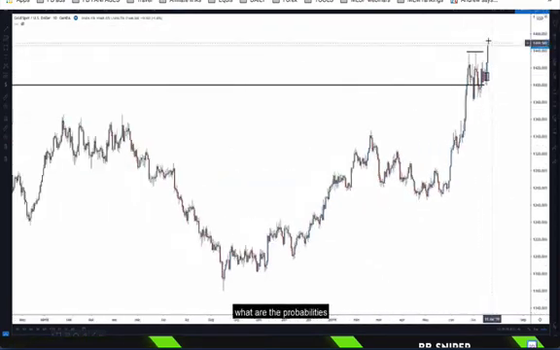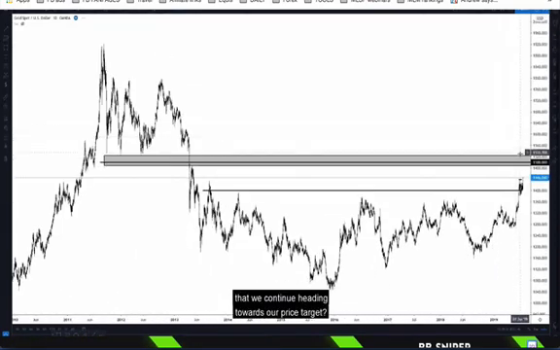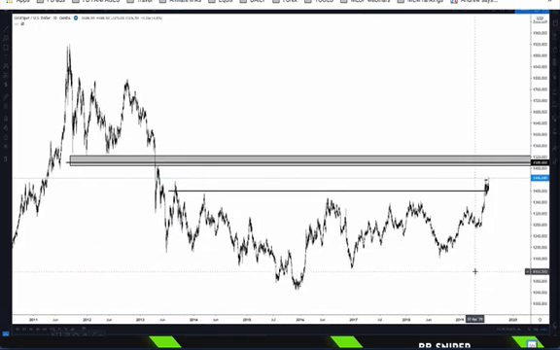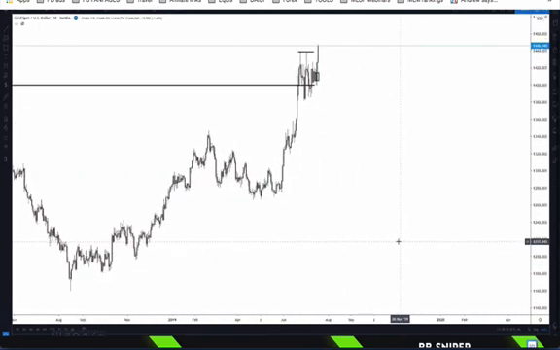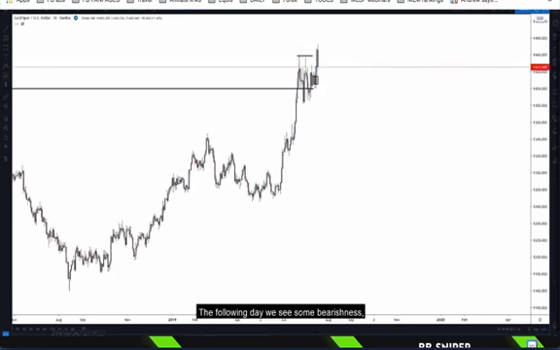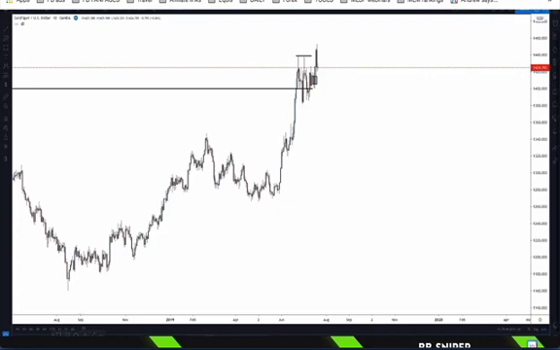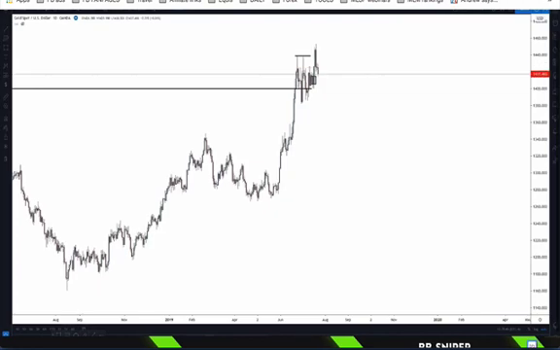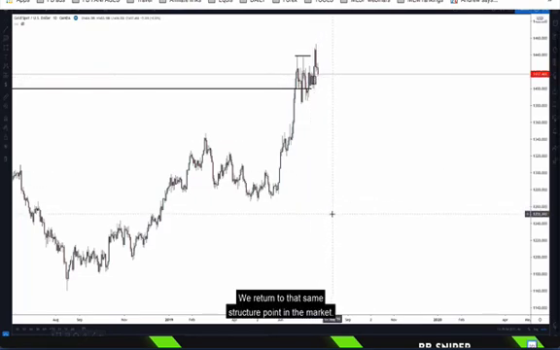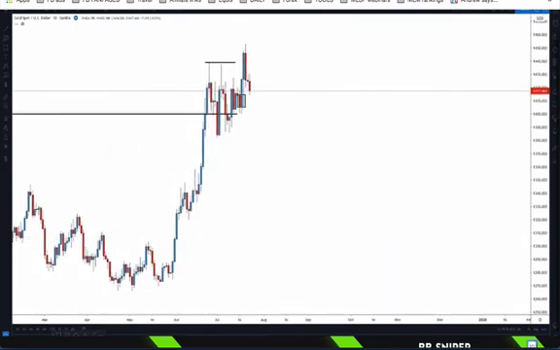At this moment, what are the probabilities that we continue heading towards our price target? The following day, we see some bearishness, and even the days after that, we return to that same structure point in the market.